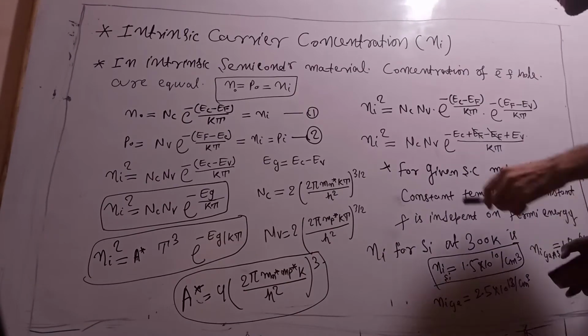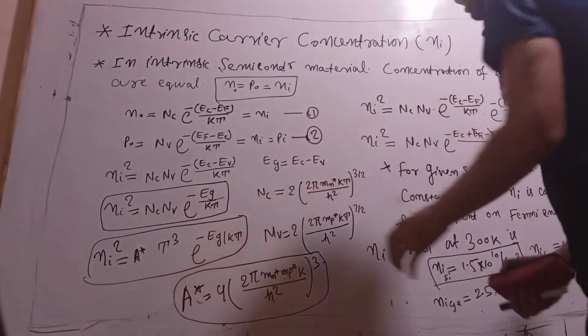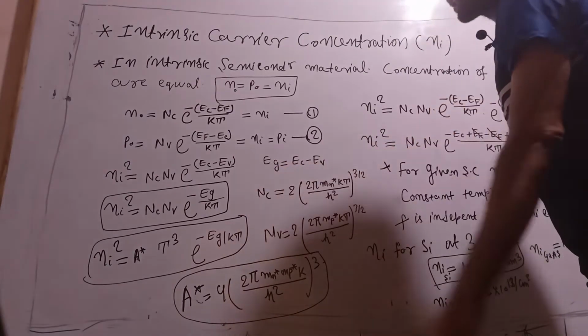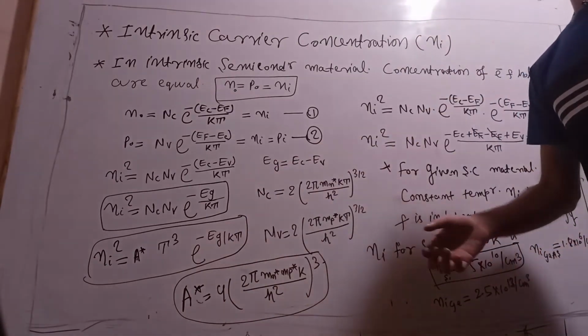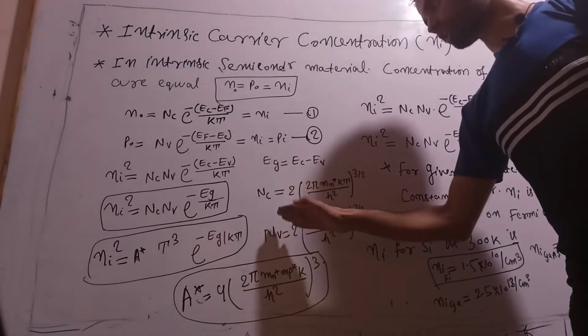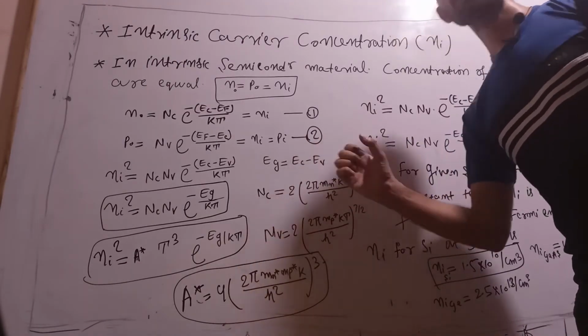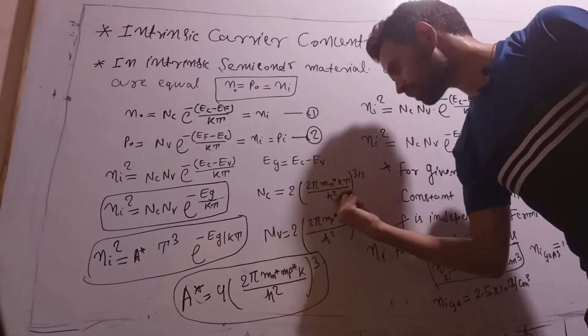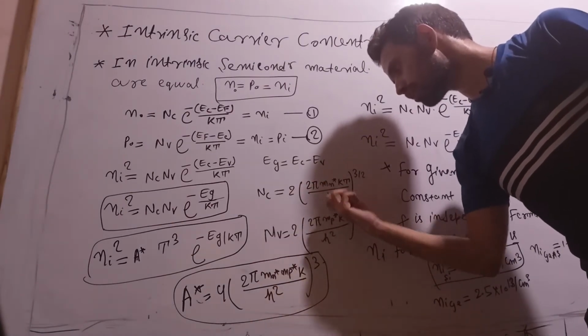Now if we look at Nc and Nv, which are the density of state functions in the conduction band and valence band, if you observe carefully, these are functions of effective mass.